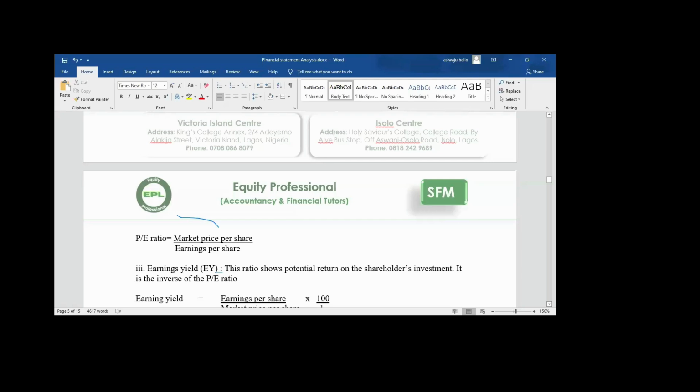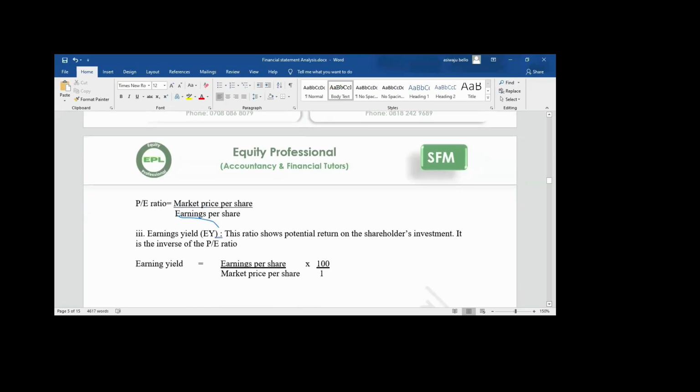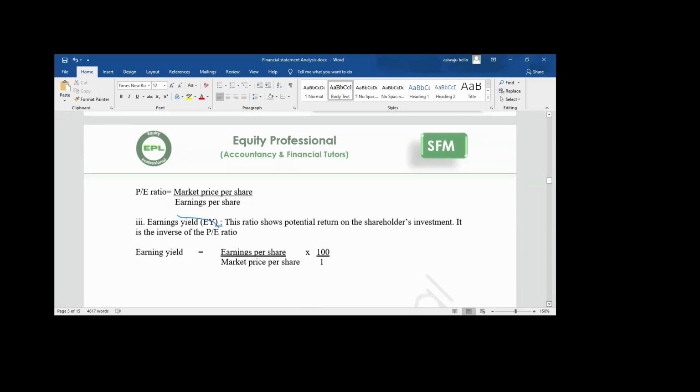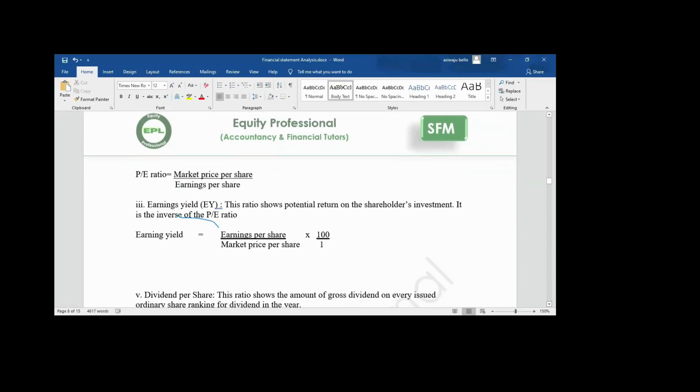Earnings yield is a measure of potential return on shareholders' investment. It is calculated as earnings per share divided by the market price per share multiplied by 100.